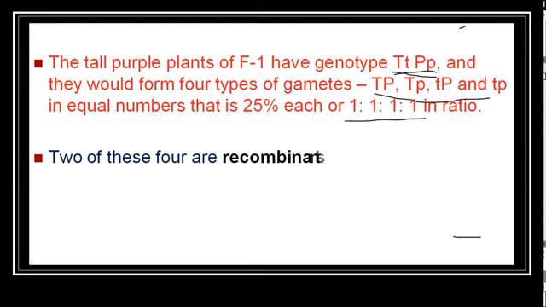Now two of these four are recombinants. In cis condition, these two are parental and this one is recombinant. But in trans, the middle ones are the parental types and the first and fourth are the recombinants.